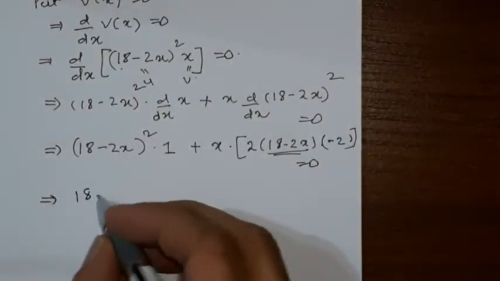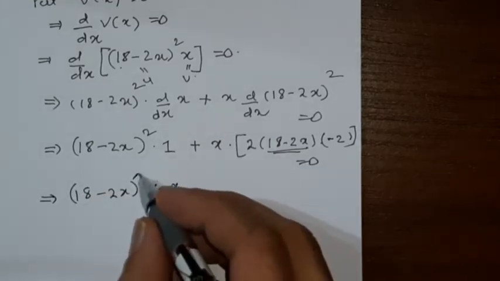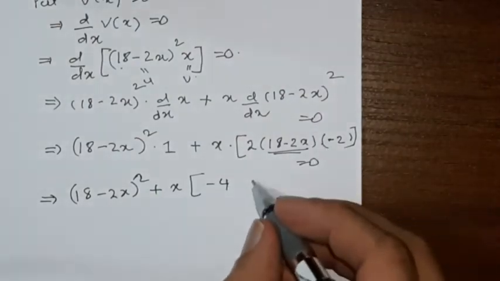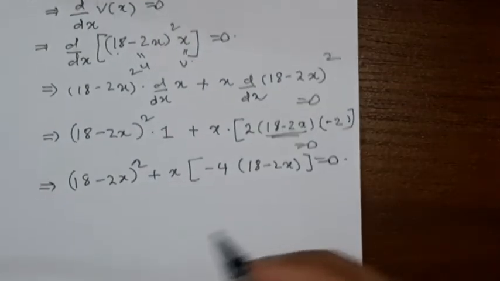So this implies (18 minus 2x) the whole square plus x times, we can multiply this, 2 times minus 2 is minus 4, (18 minus 2x) equal to 0.